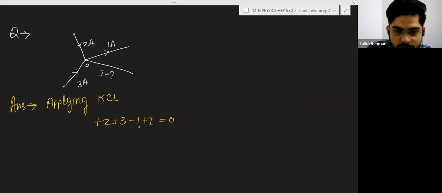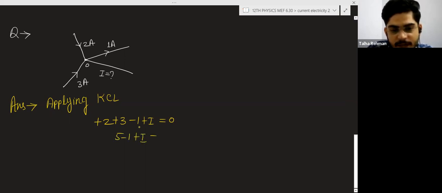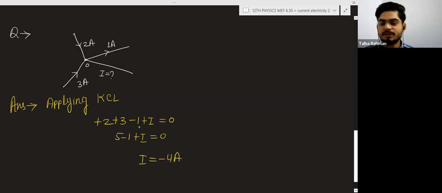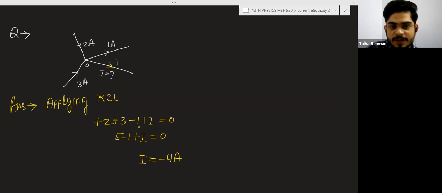Just see this. This will become 5 minus 1 plus I equal to 0. From here you will get I as -4 ampere. According to the sign convention, this means the current is leaving and the value of current is 4 ampere. Why is the current leaving?